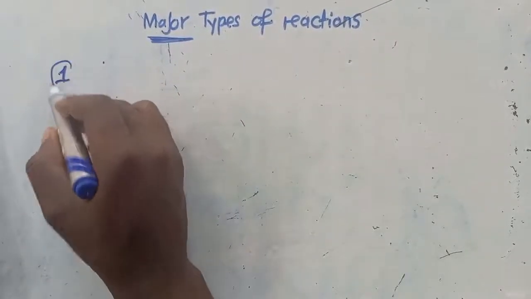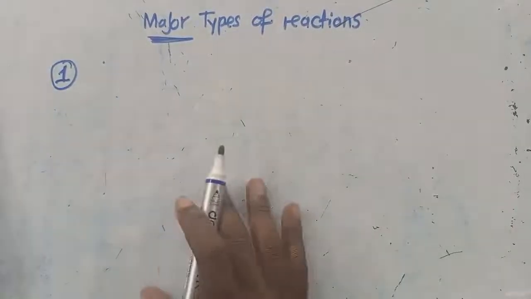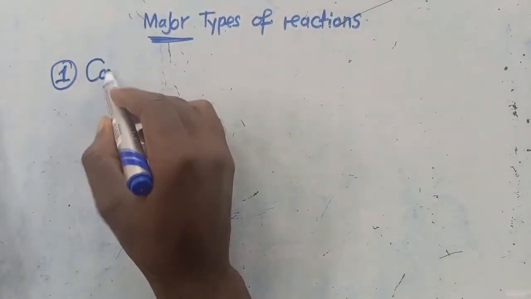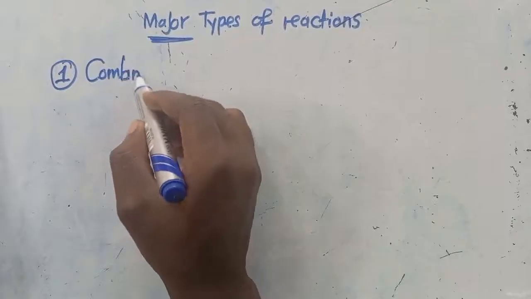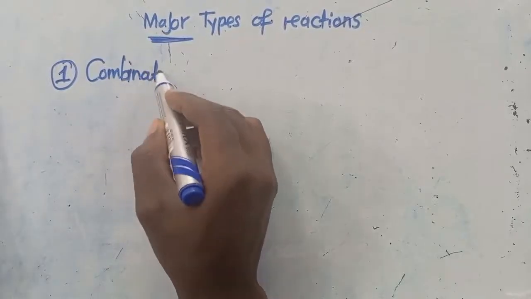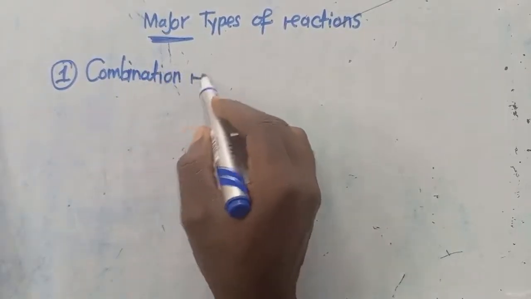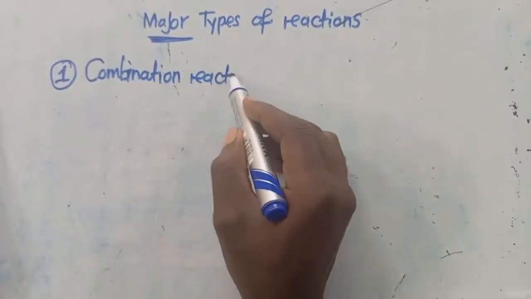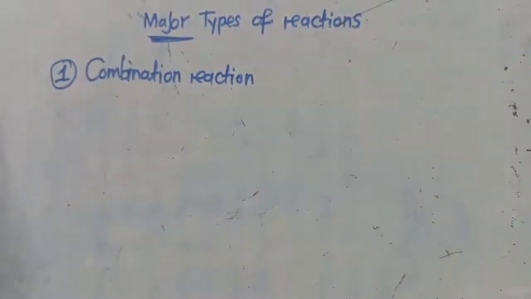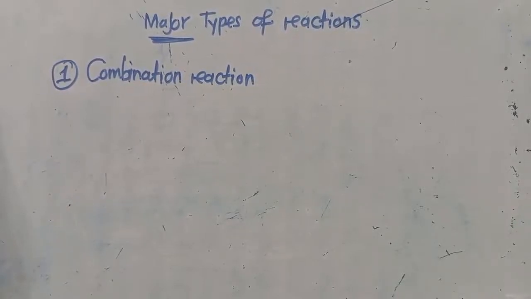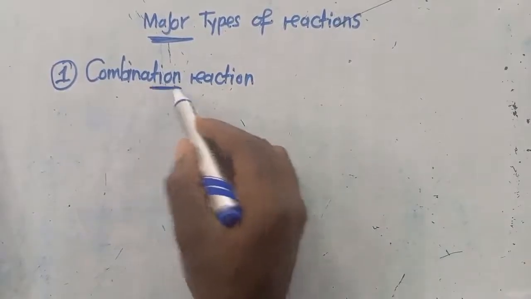The first type of reaction that we are going to consider is what we call a combination reaction. A combination what? A combination reaction. This is something that is so important. What is a combination reaction?